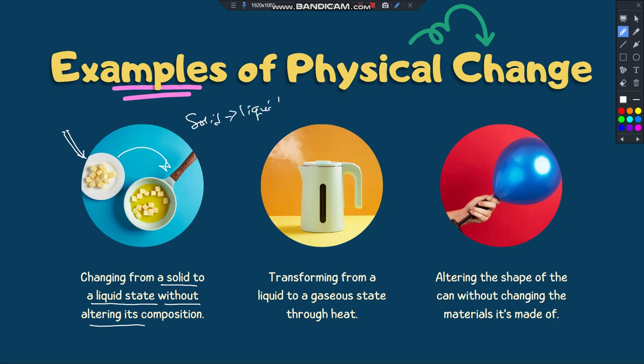Now when that happens, a new substance is not formed even though the state of matter has changed. The second example we have is some water boiling in an electric kettle. The transformation occurring makes a liquid change into a gaseous state of matter through heat. Now even though the liquid is changed into a gas, no new substance is formed as well.